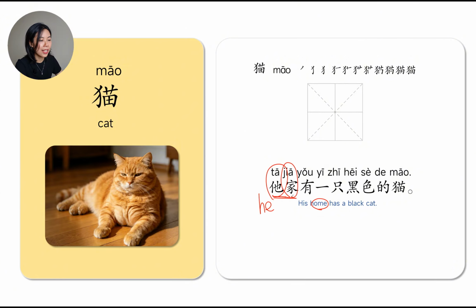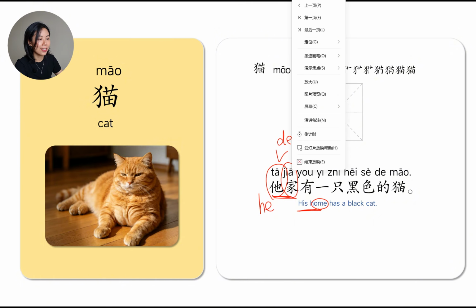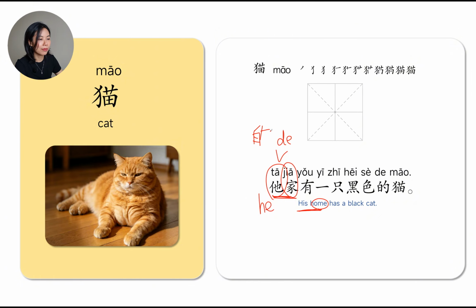So together, 他家 could be his home. Of course, you can say 他的家, right? His home, 他的家. That's also correct. 他家, 他的家, both work. Okay.